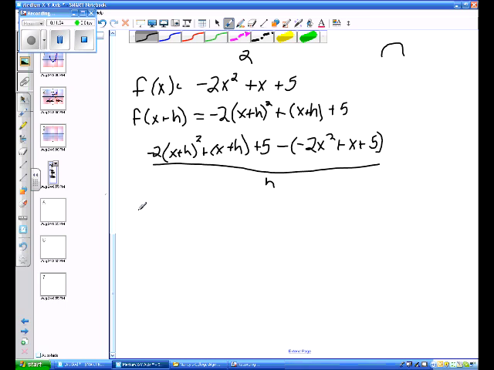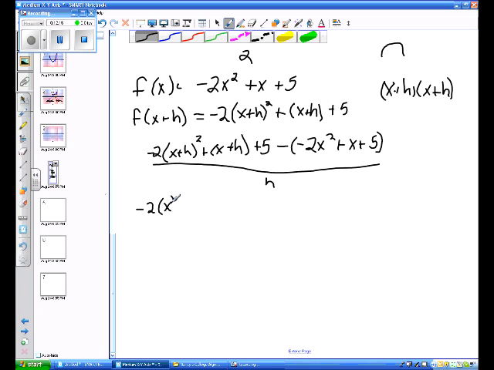We're going to have to square a binomial, so I'm going to go ahead and square it. You can go off to the side and multiply x plus h times x plus h, or if you know the pattern for squaring it, you can just use it. After a couple of times, you're going to know what x plus h squared is.